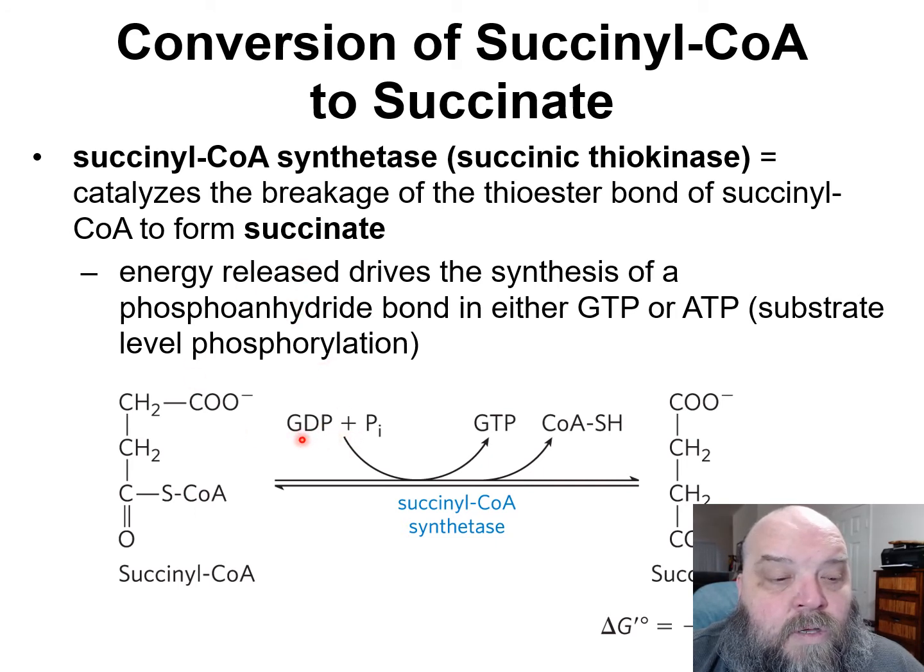We're going to use some substrate level phosphorylation, GDP and inorganic phosphate, going to form GTP. Hydrolysis reaction, so we're going to cleave off the coenzyme A here. Going to break the carbon to sulfur bond here, add in, I'm sorry, add in the hydroxyl there.